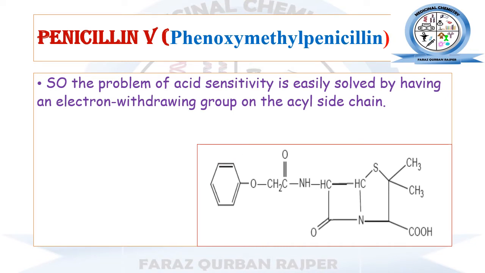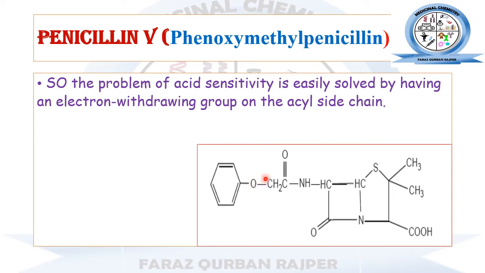So this is the chemical structure of penicillin V, or phenoxymethyl penicillin. In this chemical structure, you may observe that this is the beta-lactam ring, this is the thiazolidine ring, and all the structural features are similar, but there is one difference. This is the presence of this phenoxy group at the 6-acyl amino side chain, which will act as the electron withdrawing group.